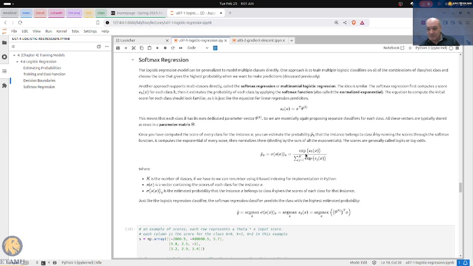So, what's happening here, the score, this notation, it's kind of hiding the fact that what we're really doing is fitting 3 logistic regressions, like we did before, one for each one of the separate classes.